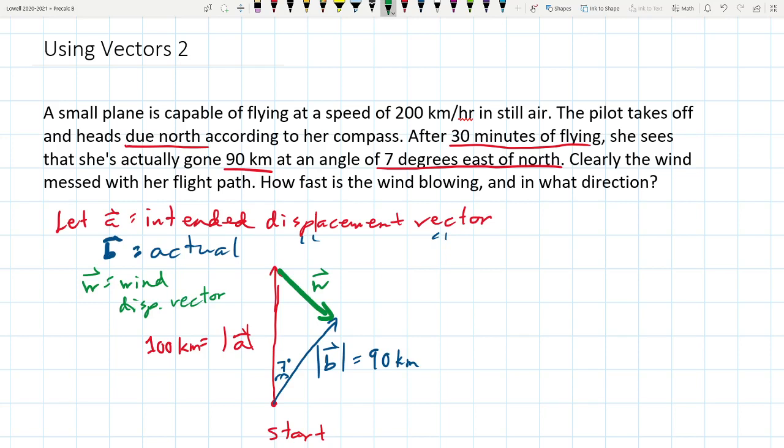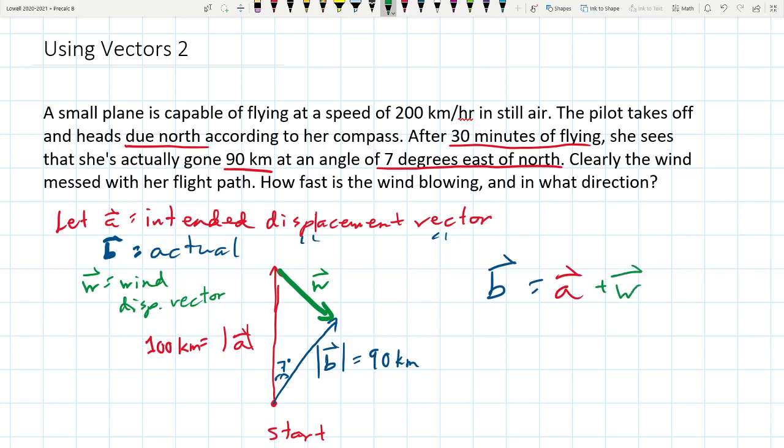Well, notice the way we've drawn it is that the resultant vector, B, is actually equal to having gone along A and then getting pushed by the wind vector.